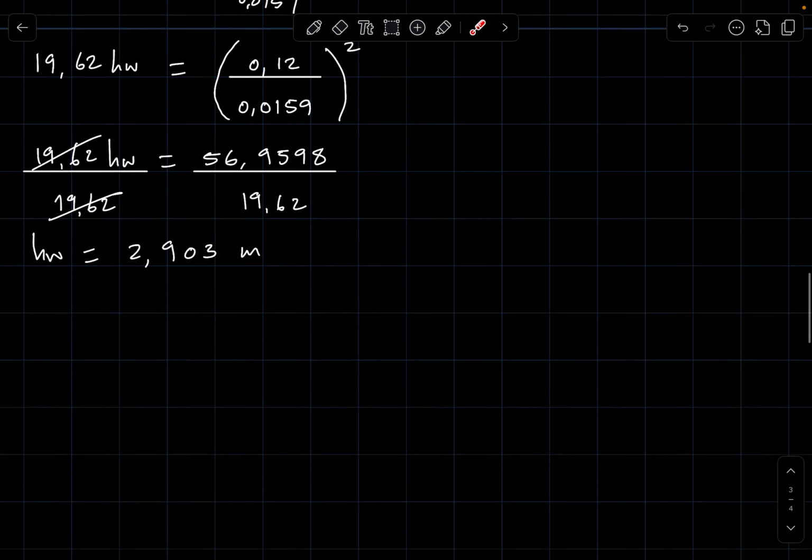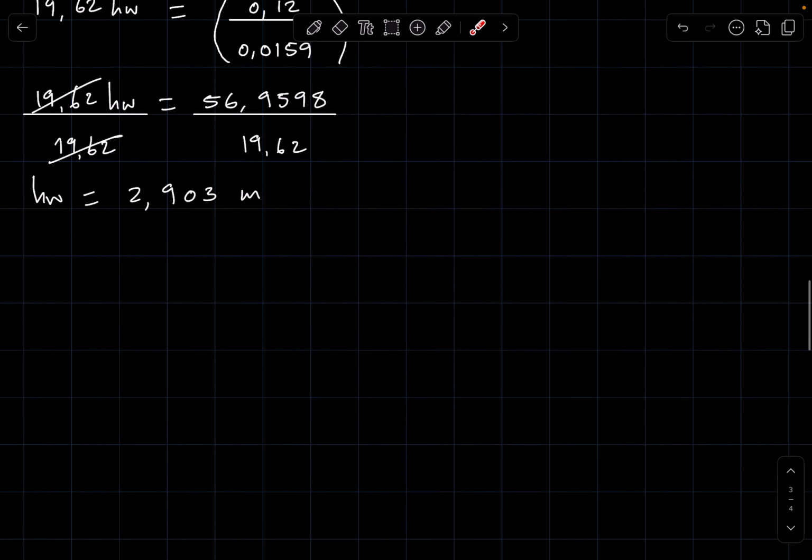Once you have your HW, now you can calculate your HHG. We know HW is equal to 12.6 HHG, which therefore means to get HHG, you have to divide both sides by 12.6.